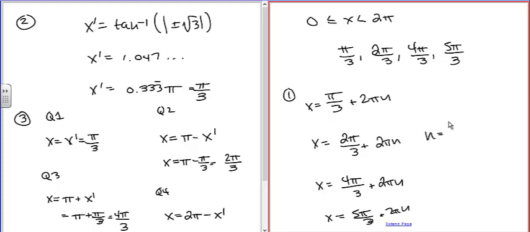And again, n are all integers. When n equals 0, you get the solutions between 0 and 2 pi.